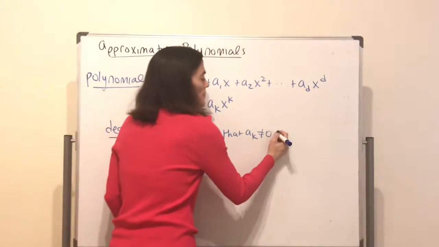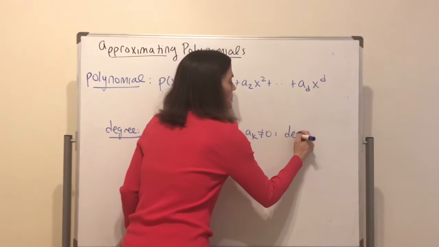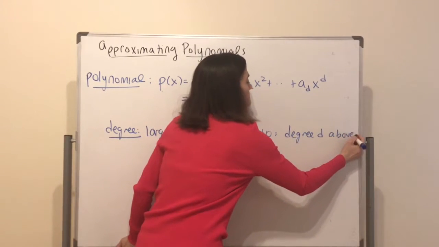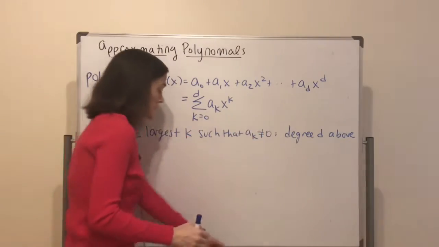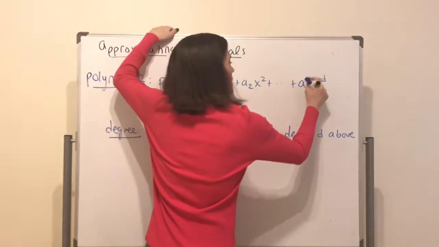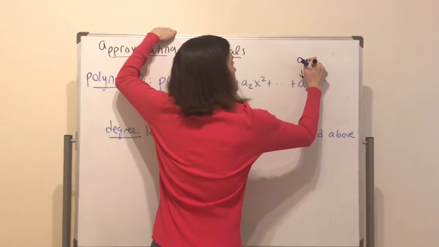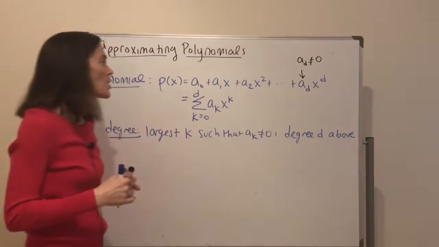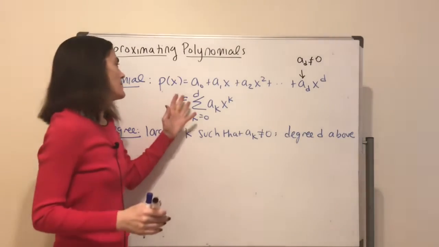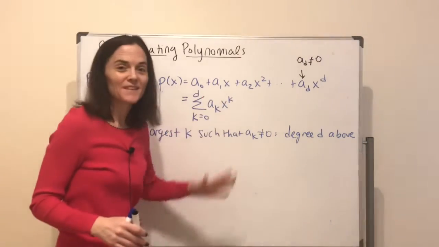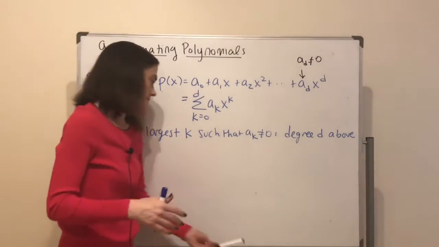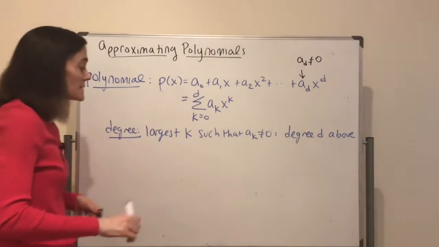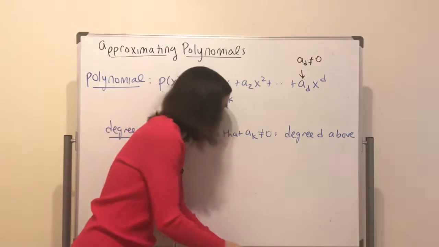And here in the above one, this is degree d, provided that I'm assuming this a sub d is not equal to 0, and then we have a degree d polynomial. But you could have some of the coefficients before then be 0. This is fine. We would still be degree d. Okay, this is probably something you're comfortable with.